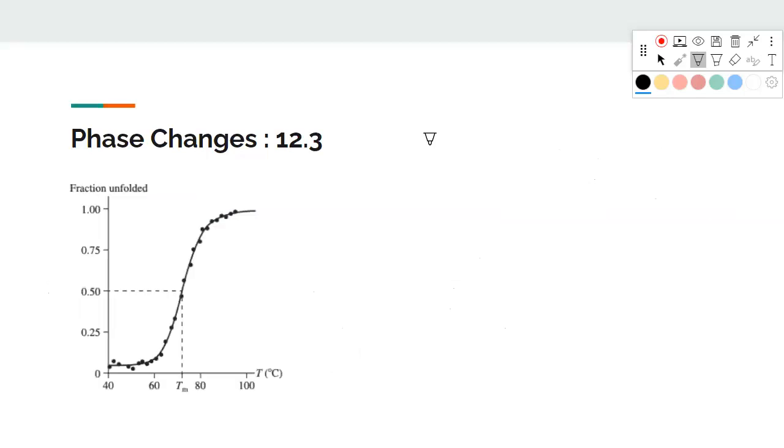Okay, so then I promised to give you another example of a phase change, and I think this is a fun one. Proteins generally can be folded or unfolded in the body. You see this occurring when you scramble eggs, right? That's the process of a protein changing its state.